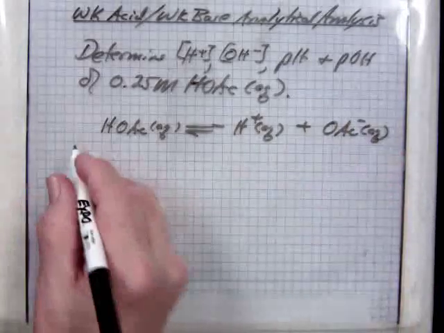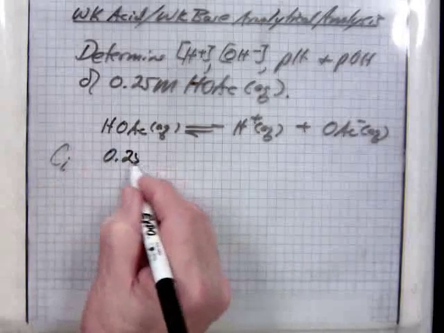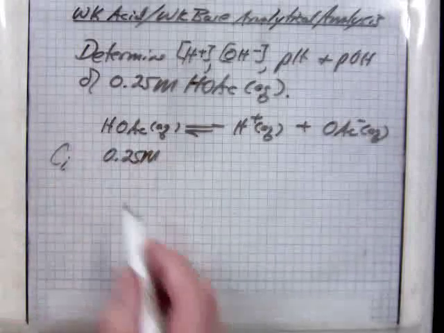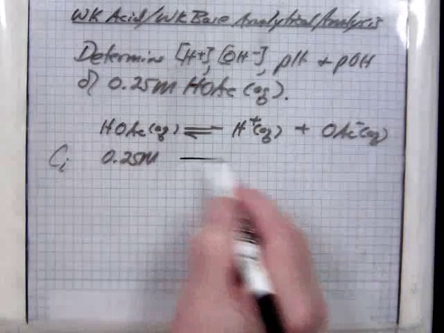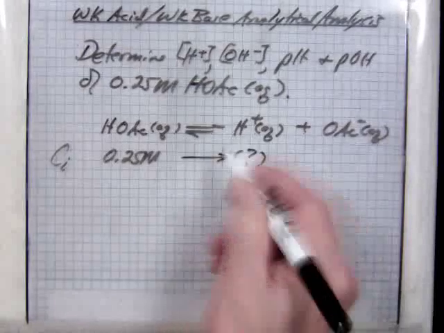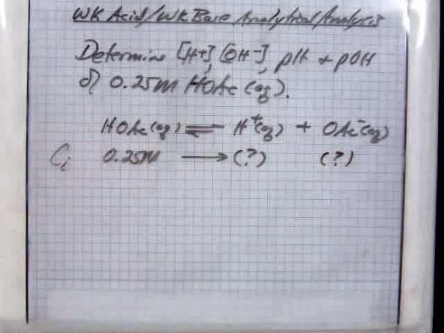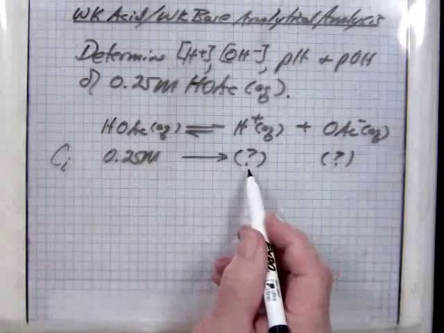We're given that we have 0.25 molar of this compound in solution, but what can we say about how much hydronium ion and acetate? They'll be in equal amounts because they're one-to-one ionization. Can we say that they're 0.25 molar?